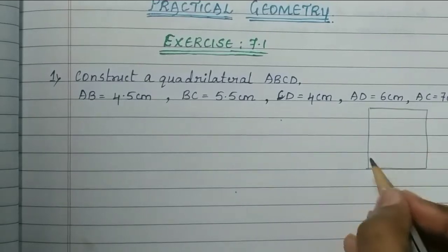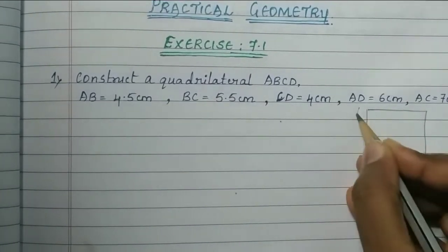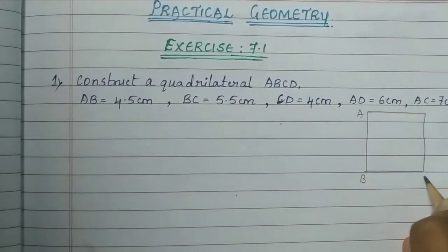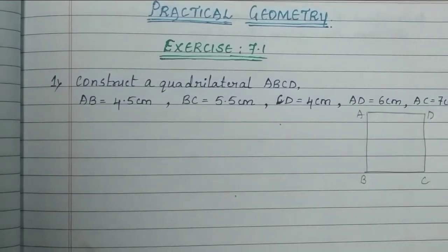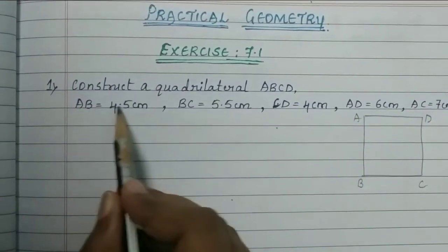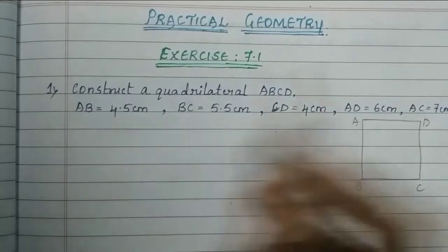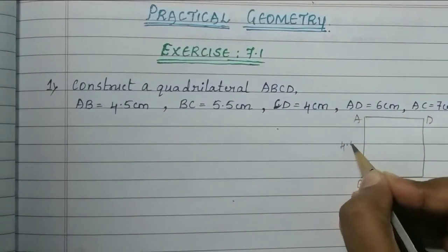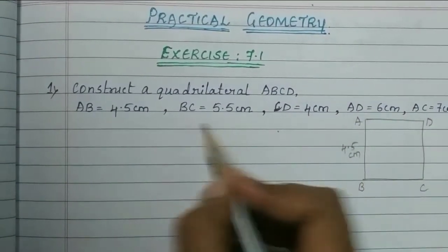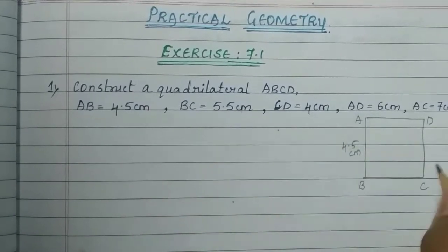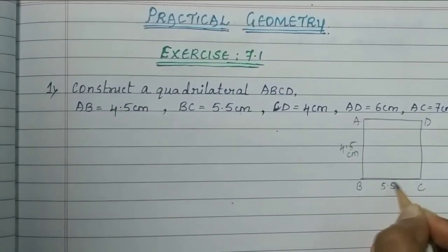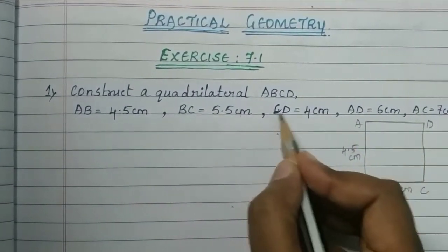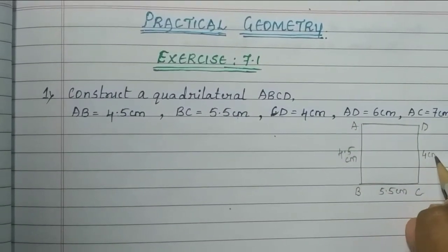Okay, so let us name this as A, B, C and D. AB is given as 4.5 centimeter, so let us write this as 4.5 centimeter. BC is 5.5 centimeter, so our BC must be 5.5 centimeter. CD is 4 centimeter.